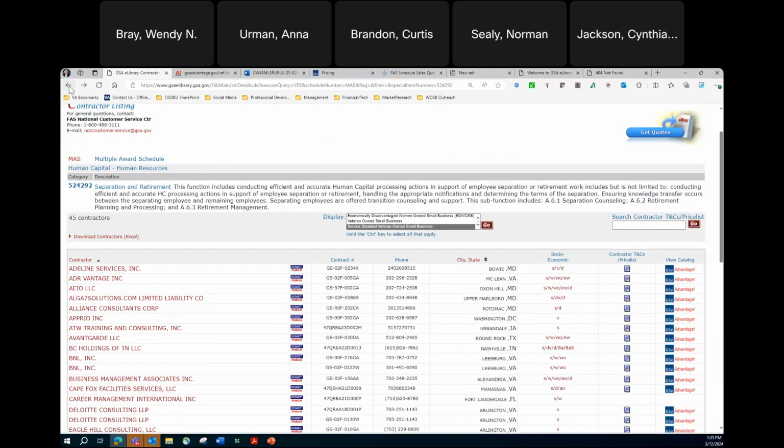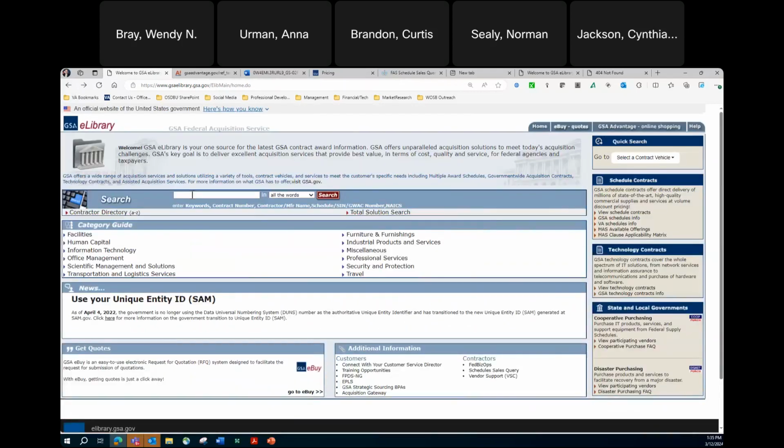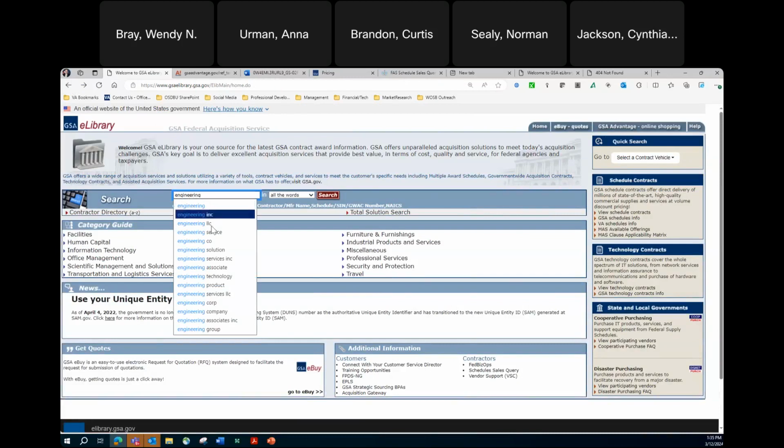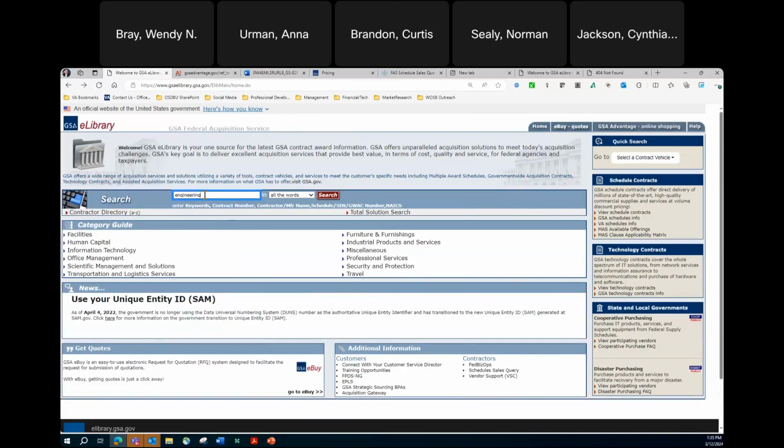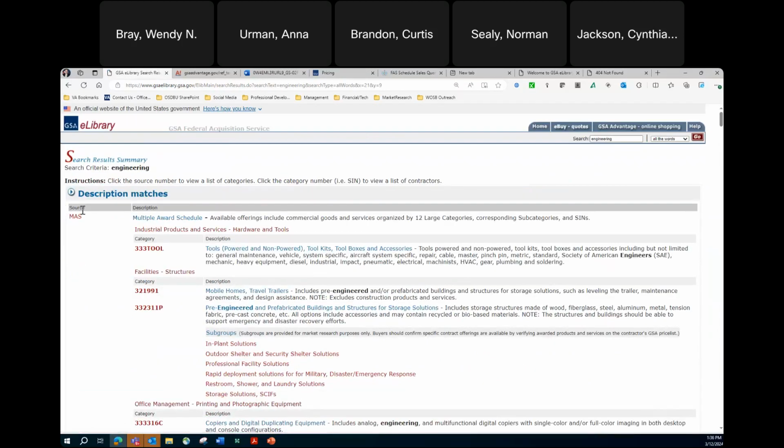You could also search if you don't know what category something belongs in. Let's say I want engineering. It helpfully pulls in engineering service, also anything that has the word engineering in it. So I could search that way. And it'll tell me what contracts.